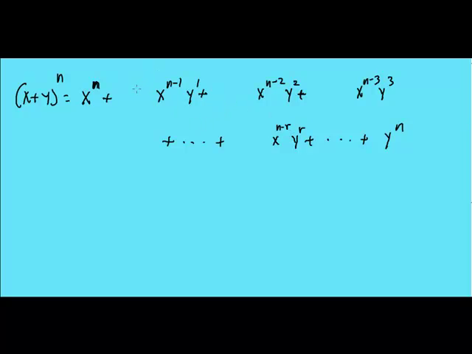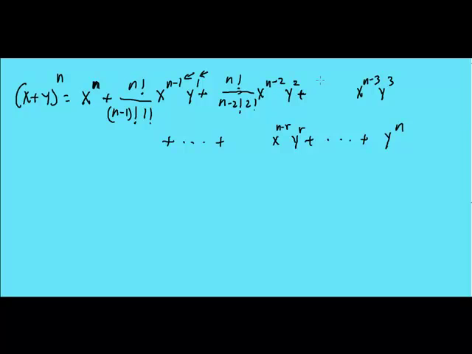Now, how do I find my coefficients? That's easy. I have a little formula. It will always be n factorial on the top, and the bottom will come from these exponents right there. That'll be n minus 1 factorial times 1 factorial. Then this coefficient will be n factorial over n minus 2 factorial times 2 factorial.